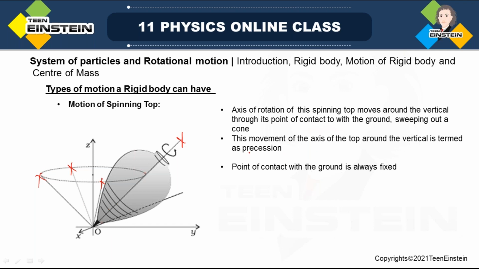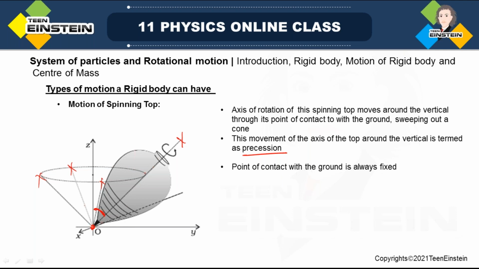And this kind of motion is called precession. This kind of motion is when you have rotation and the rotation axis is also in motion about a vertical axis with a fixed angle of inclination. So in fact this will sweep a cone about a vertical axis.